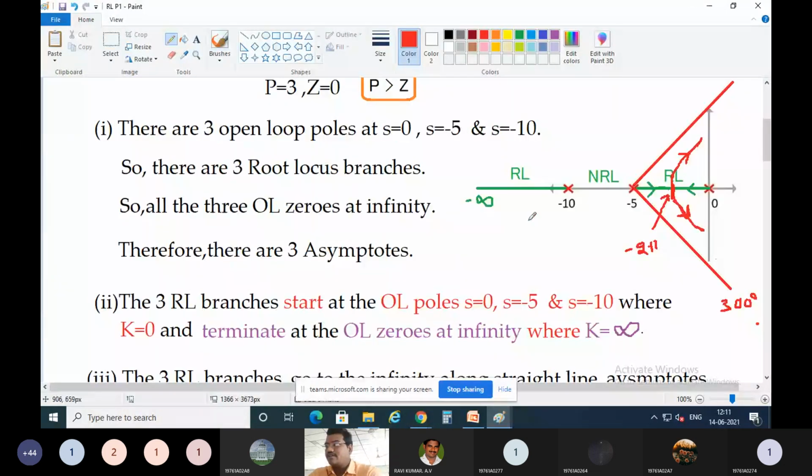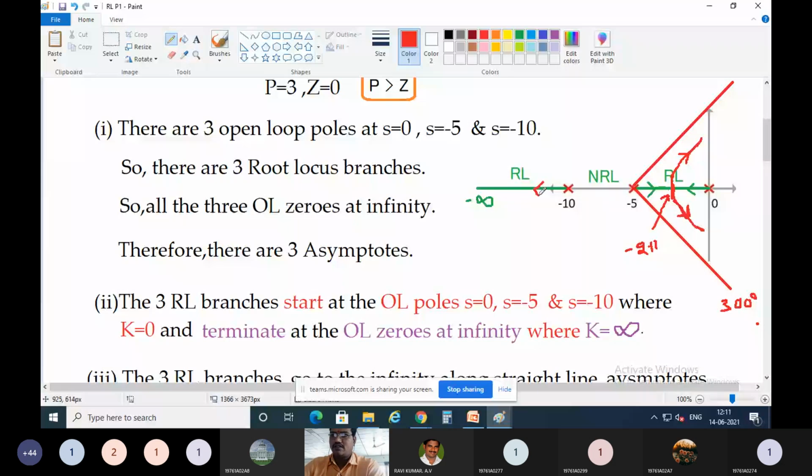So this is the direction. Of the 3 root locus branches, the one starting at the pole on the real axis has no problem. It moves to infinity without any deviation with the 180 degrees angle of asymptote, theta 2.